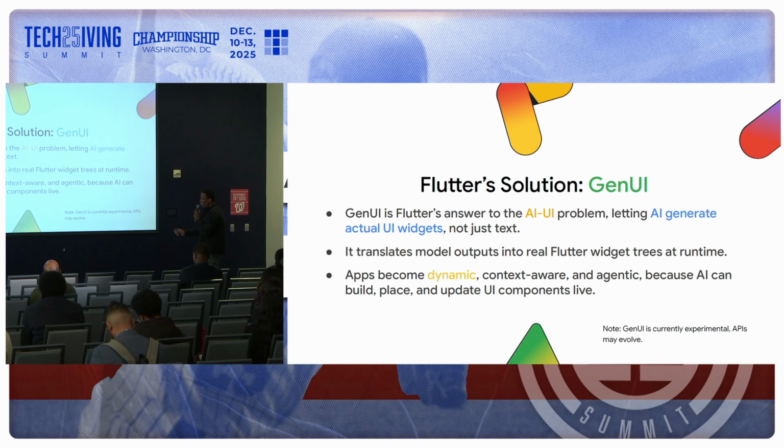So, like I was saying, GenUI is Flutter's answer to the AI and UI problem, which lets the AI generate actual UI widgets or components, not just text or README. So you can translate the model output into real Flutter widget trees at runtime.